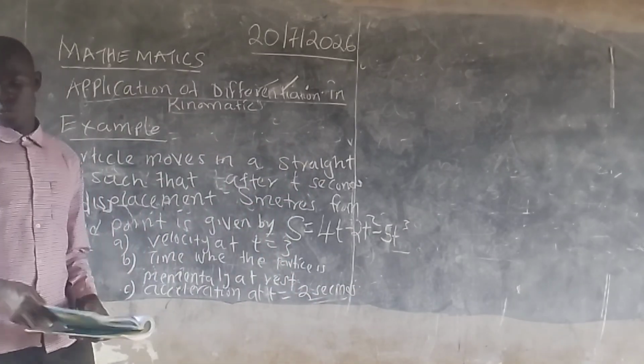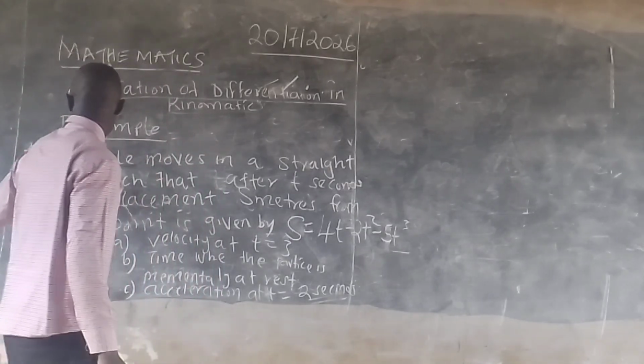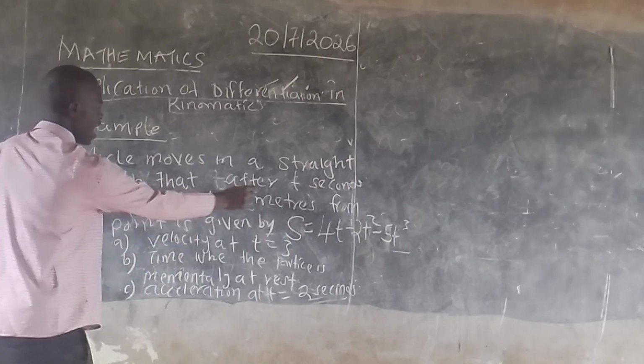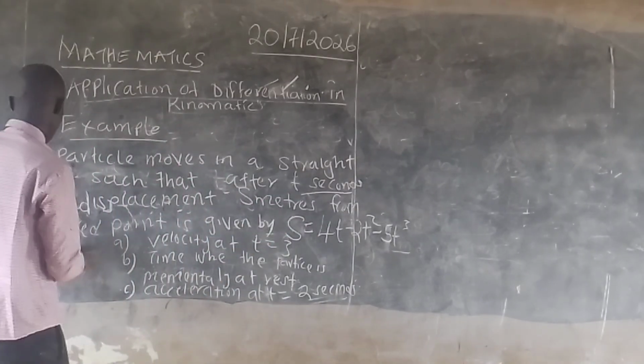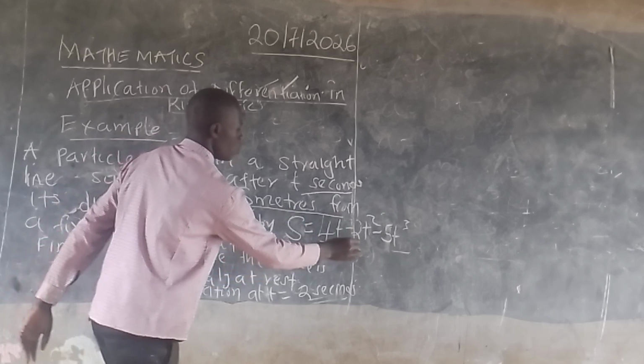Students, let us do this question in a very serious way. A particle moves in a straight line such that after time t seconds, its displacement is given by this equation.